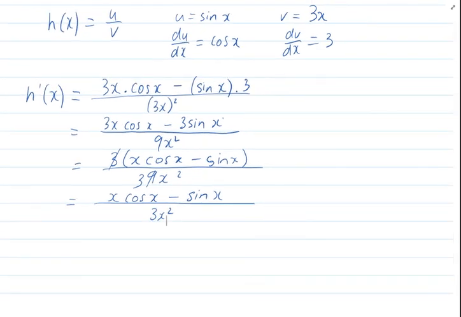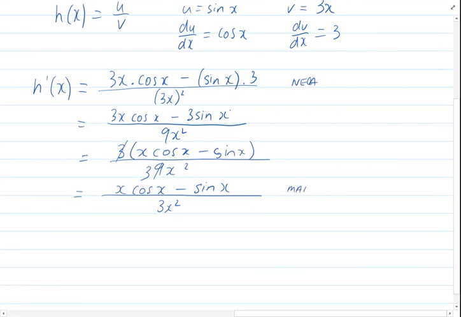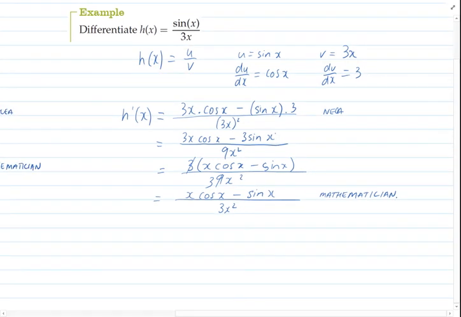So same old story. This is for NCEA, just the simple substitution, and this is for all those mathematicians out there who want nothing less than perfection and prefer working at six-figure salary jobs rather than KFC.